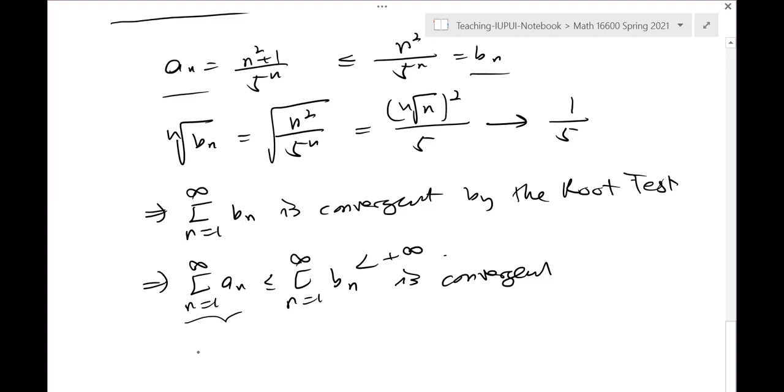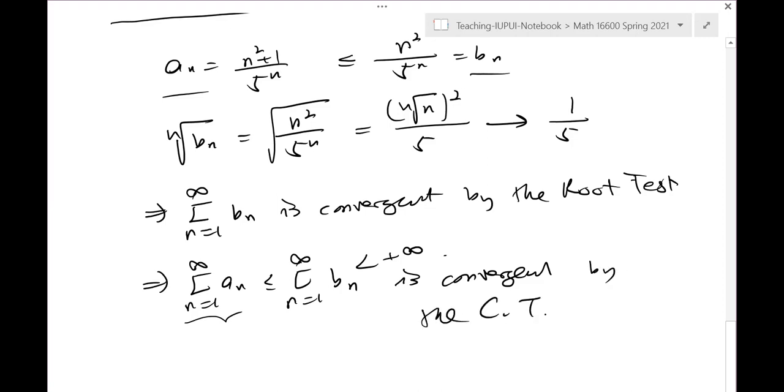There's only two possibilities here. Now, because a_n is less than or equal to b_n, and the series of b_n is convergent, it's finite, that implies the series of a_n is convergent. So this is by the comparison test.